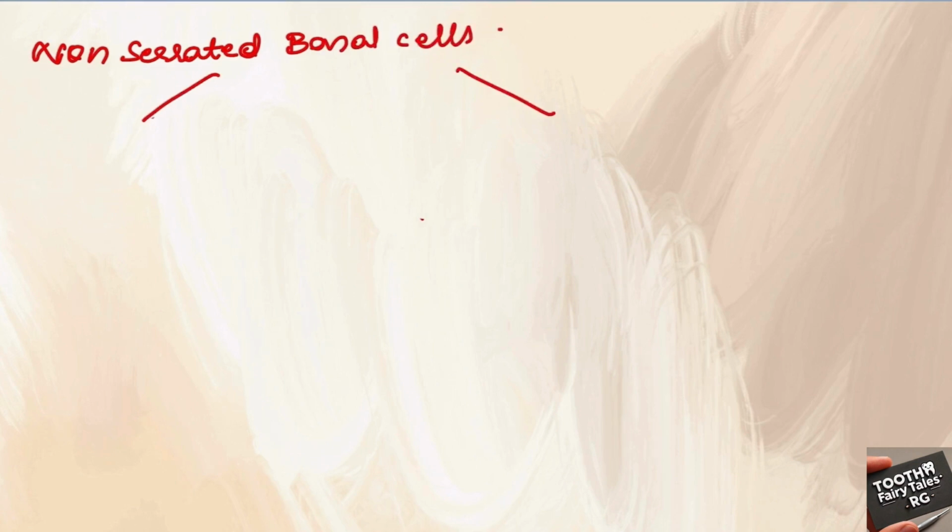Non-serrated basal cells give rise to two distinct groups. One is slow dividing cells and second group is amplifying cells.